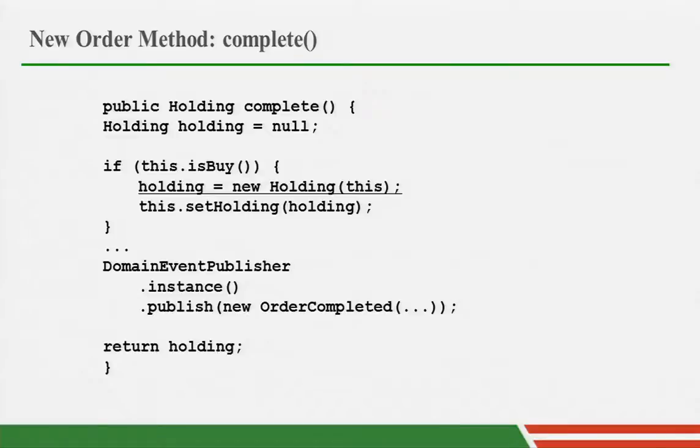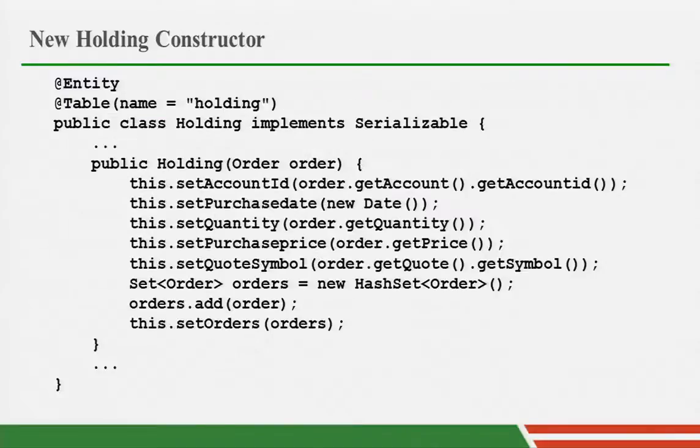And then a holding is created in this complete method. So now the order has a complete method. And again, we can publish the order completed event. And now our holding has a constructor that constructs itself based on the order that was just filled.